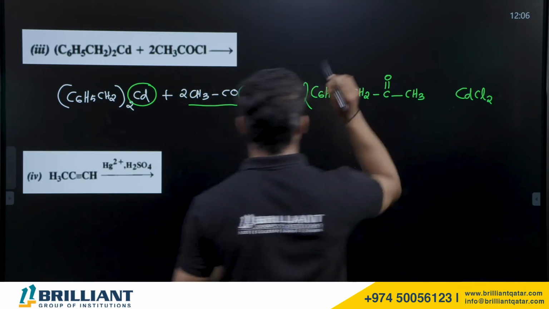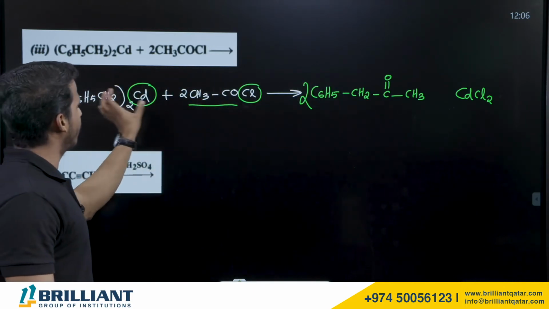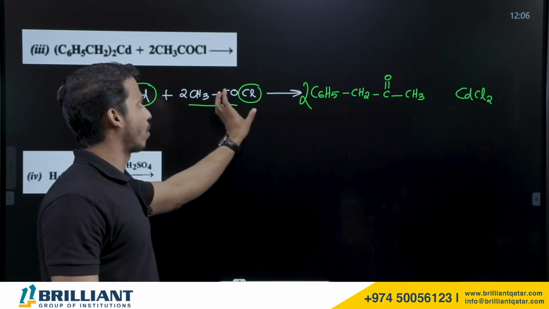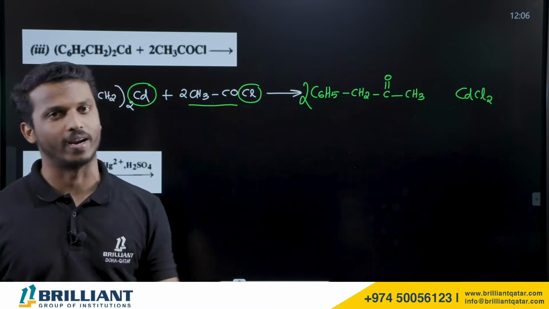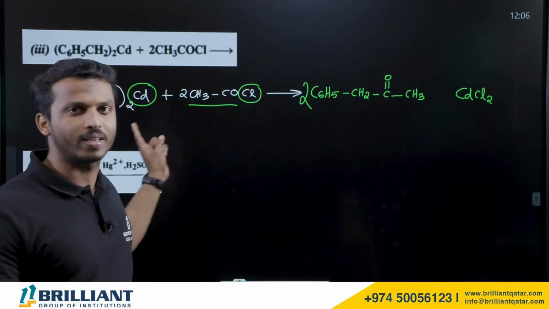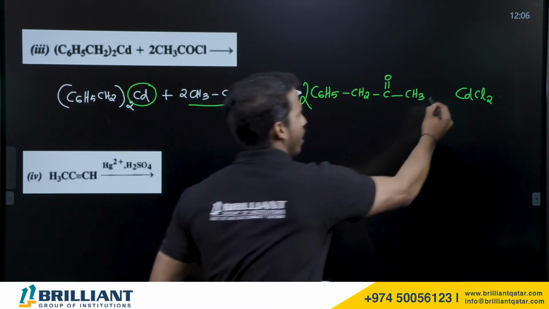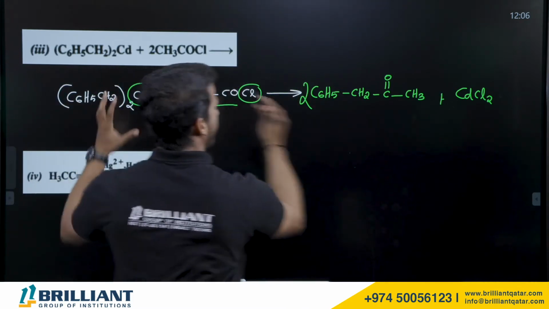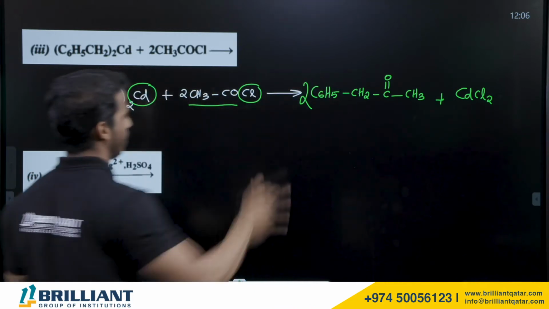So the product is written twice. When a dialkyl cadmium is reacted with an acid chloride, as you studied in the preparation of ketones from acid chloride, cadmium dichloride is eliminated and the remaining alkyl parts you just join together.